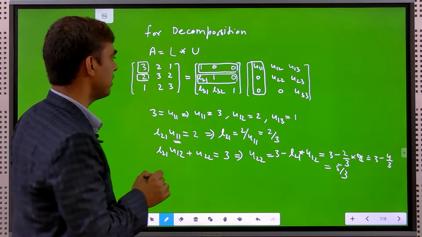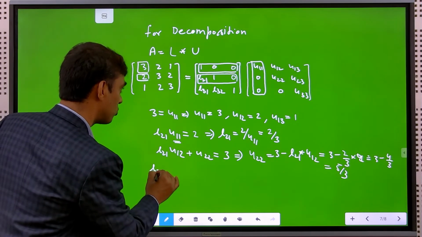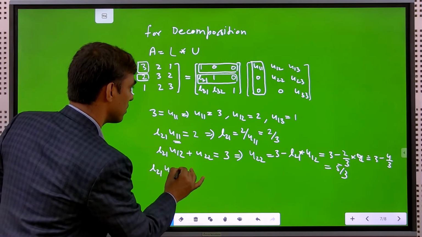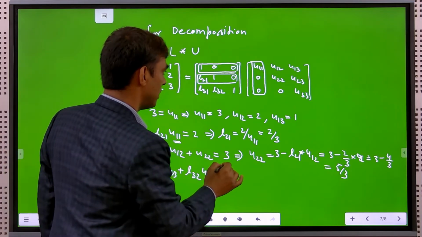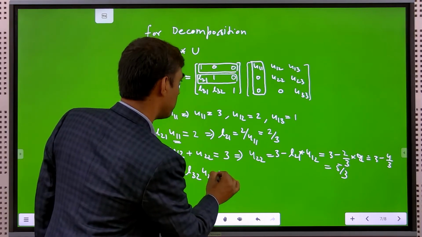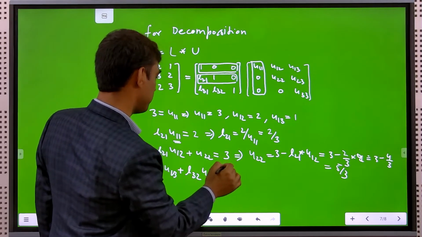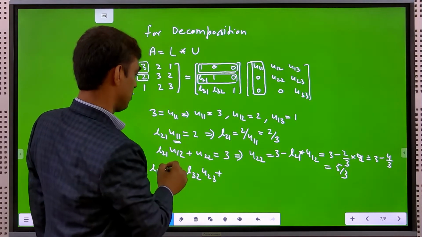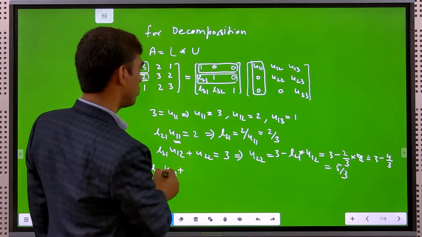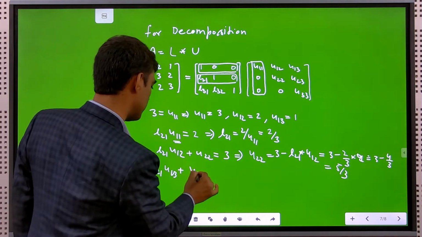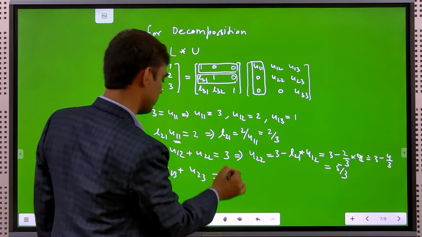Now in a similar manner, if we multiply the second row by the third column, then this becomes L21 u13 plus u23, and all the other terms multiplied give 0, and this equals 2.